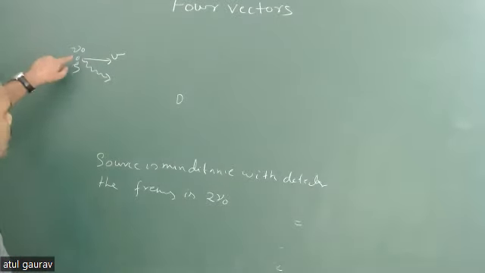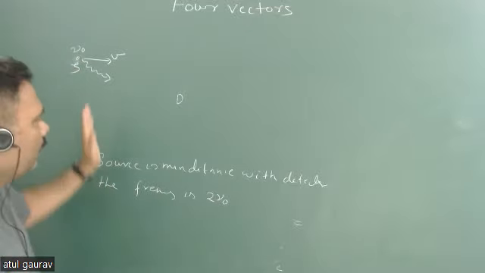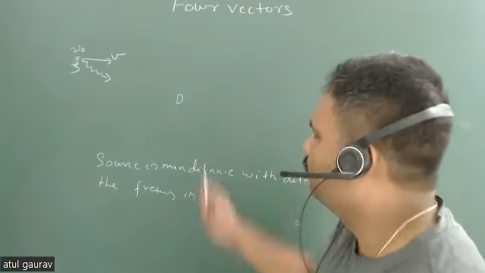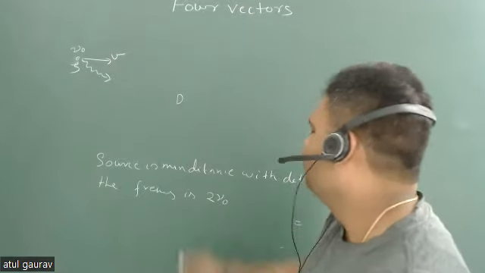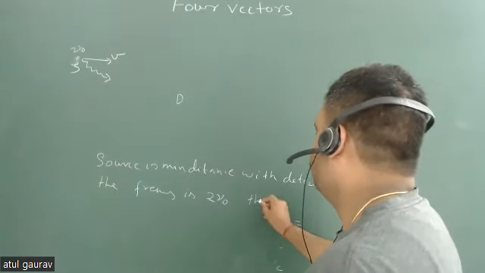Nu naught is the frequency with respect to the source. That means when the observer is at rest with respect to the source, he will get frequency nu naught. But when it has the minimum distance between detector and source, he will measure the frequency as 2 nu naught. Then find the value of v.